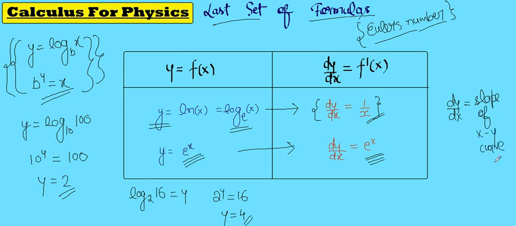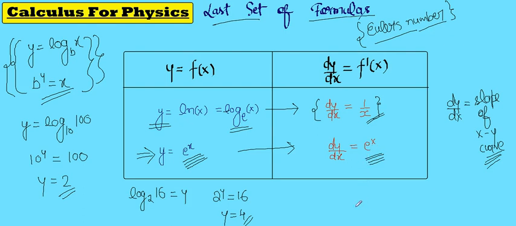So if I ask you to make a curve such that the slope of the curve always matches the value of the y coordinate at that point, then the graph will be y equals e raised to power x. So when you differentiate this function, it remains as it is.